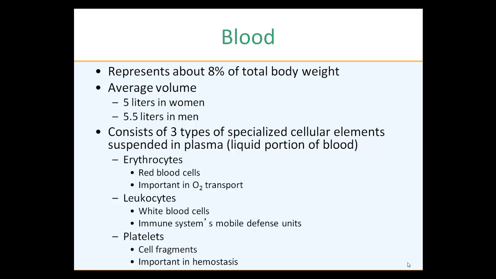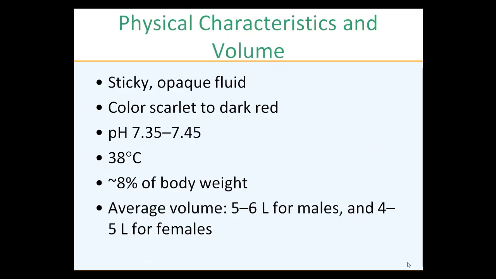The platelets are not really cells, they are cell fragments, and they're very, very important in the process of hemostasis, which is the stopping of bleeding or blood loss. So we will talk about each and every one of those, especially the platelets and the erythrocytes, because these are 2 components that we have not talked about before, unlike the leukocytes, which we covered in the immune chapter.